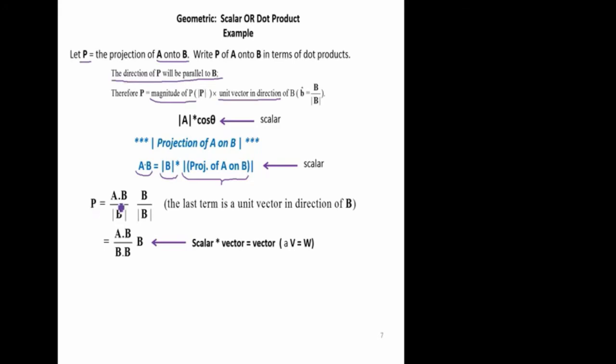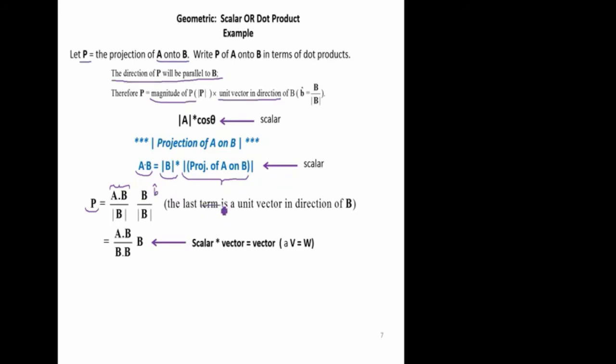If we divide that by B, then what we're doing is taking the scalar product and dividing it by this quantity here, which is giving us this quantity right here. The dot product divided by B is going to be the length of the vector P. So then we multiply by this quantity here, which is the vector B hat, so all of this is B hat. And so we have this last factor.